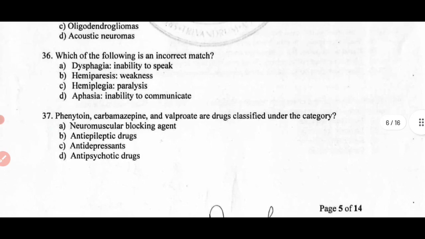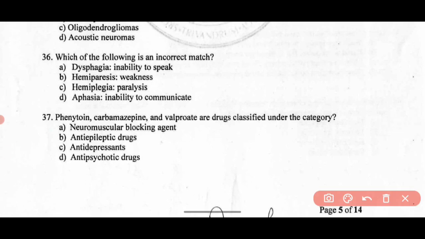Difficulty in swallowing, but here they have mentioned inability to speak. So here option A is the right one. Dysphagia means difficulty in swallowing. Odynophagia means painful swallowing. Here they are saying inability to speak, and lack of speaking comes under aphasia.